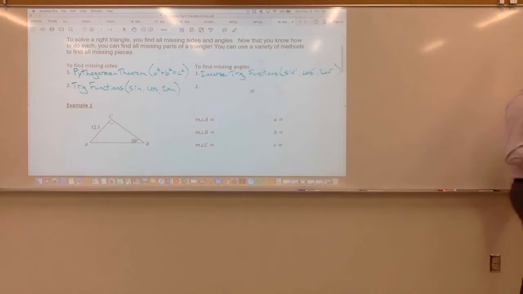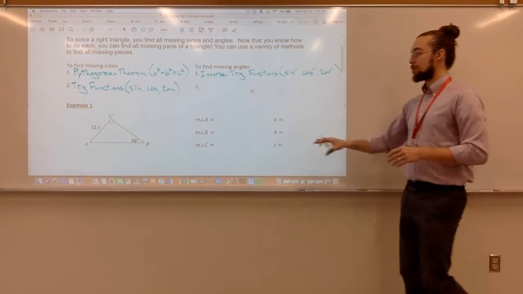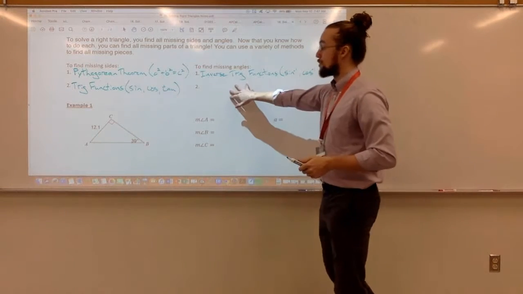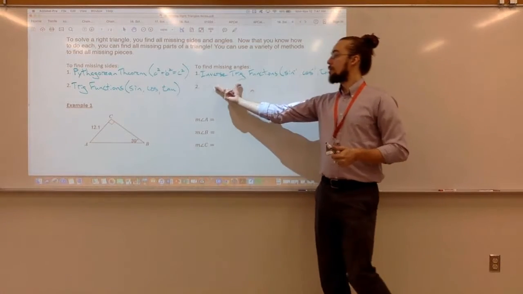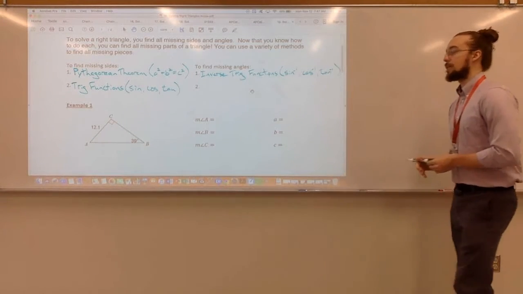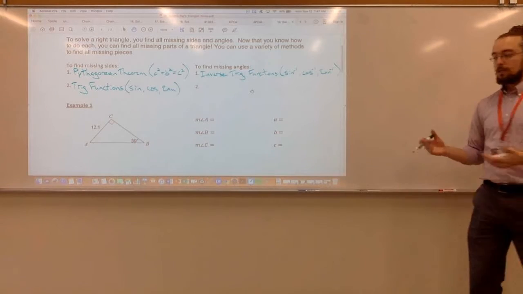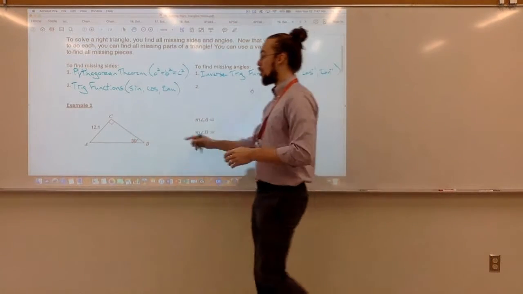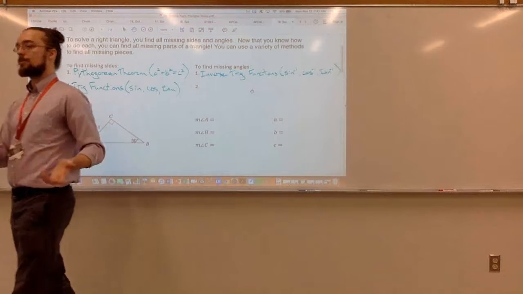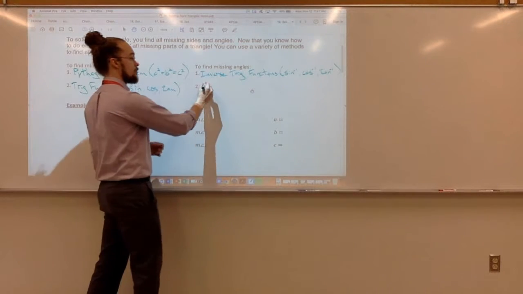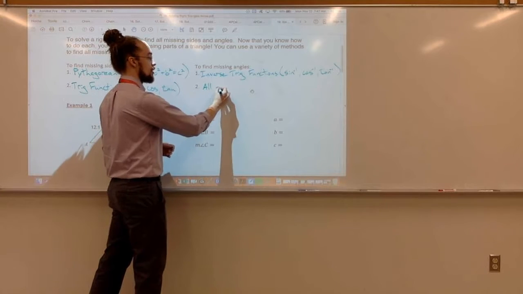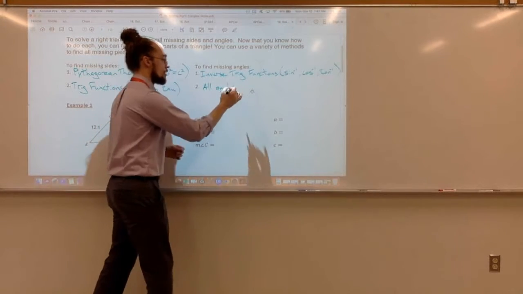Okay, now there's one more idea that's going to make solving for angles in these triangles a little easier at some points. Okay, we'll have to use inverse trig functions sometimes, but another idea that we can use is the idea that all angles in a triangle add up to what? 180. Right? So that property is going to be very useful in this section.